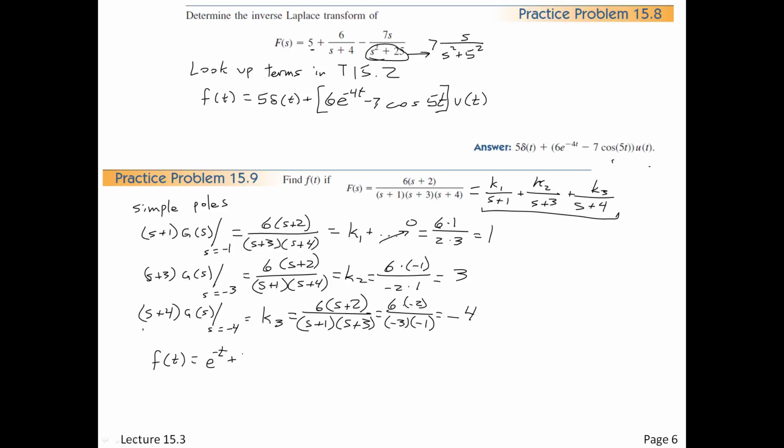And then we've got a coefficient of 3 and a power of 3. And then we've got a coefficient of minus 4 and a power of 4. And because of how this was set up, we can of course say all of this is u of t. And that's what we've got.